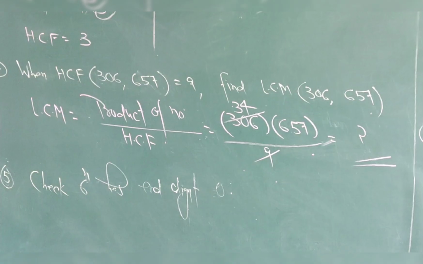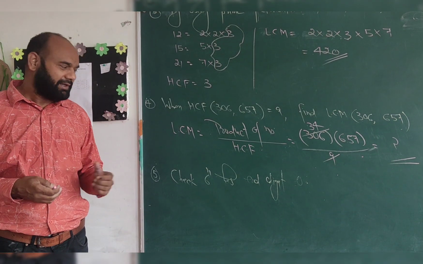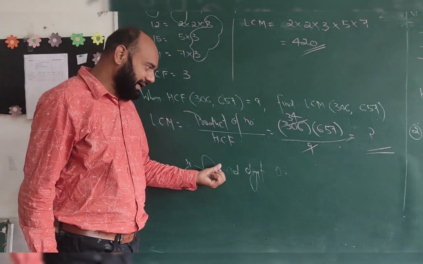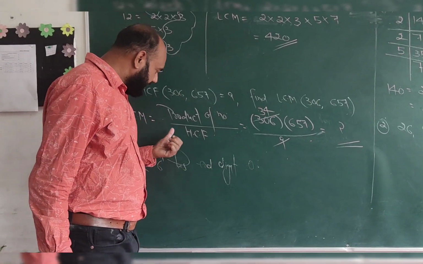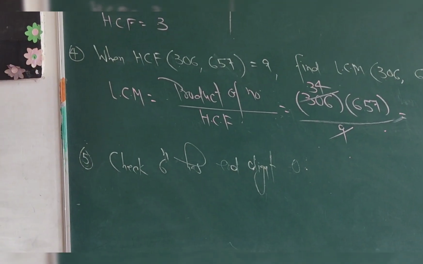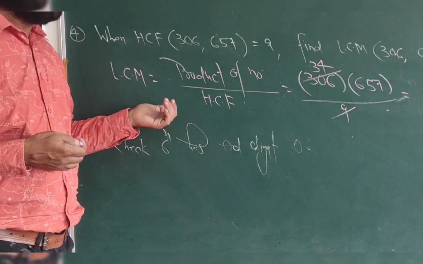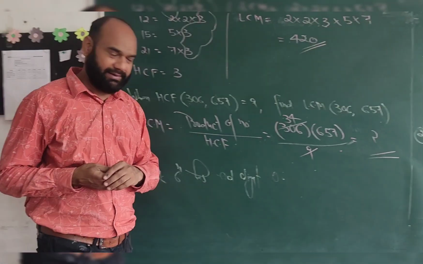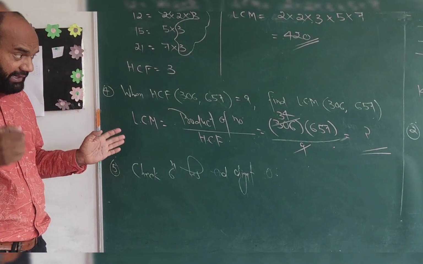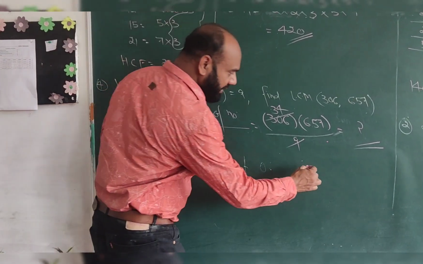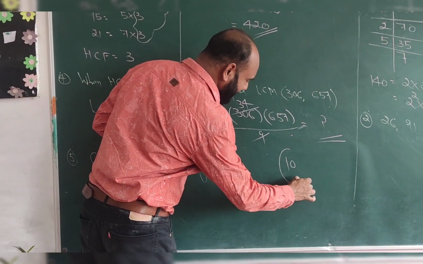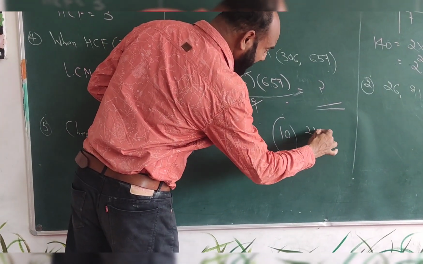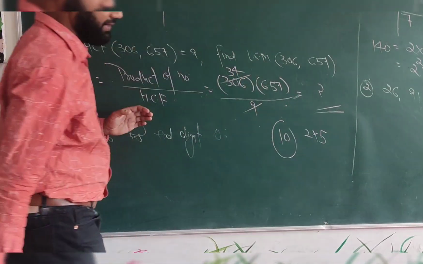Okay, the next question. Check whether 6 power n can end with the digit 0 for any n. And we know any number ending with the digit 0 must be a multiple of 2 as well as 5. For example 10, and 10 is a multiple of 2 as well as 5.